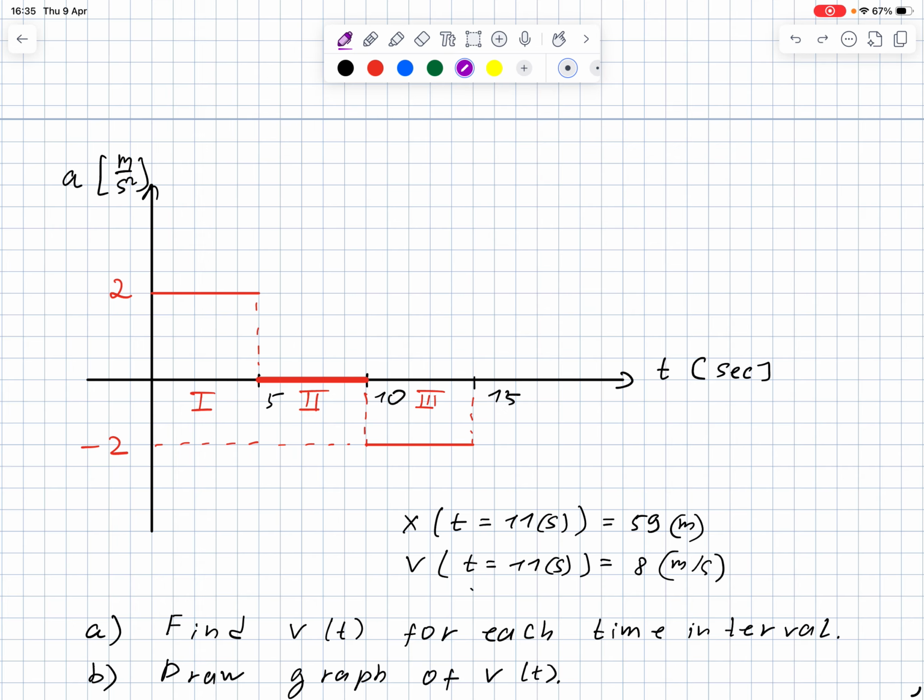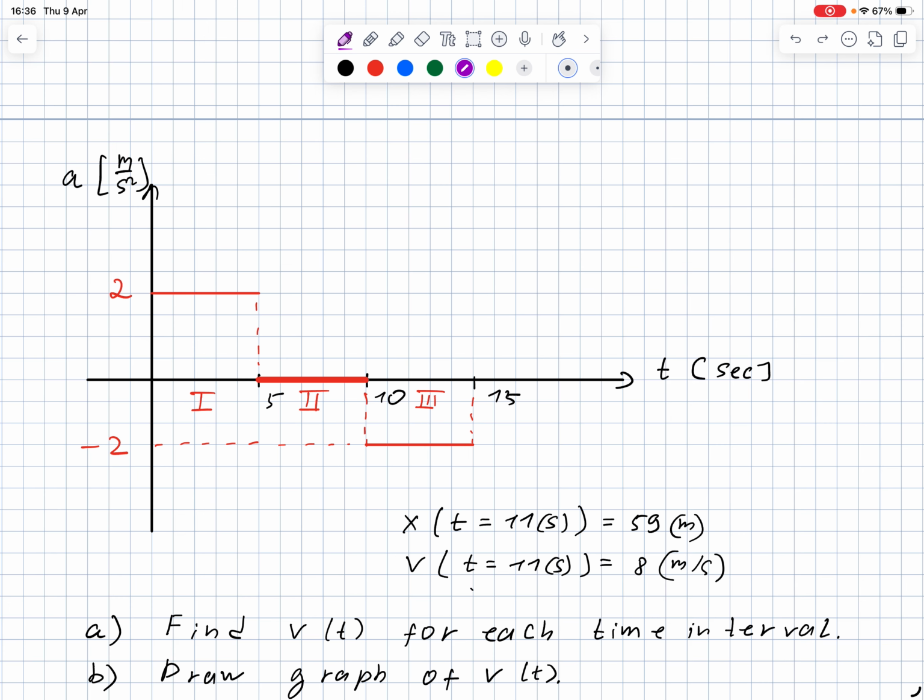What we have here is a graph of acceleration. When we look at the first interval from 0 to 5, we see that acceleration is constant and the value is actually 2 meters per second squared.